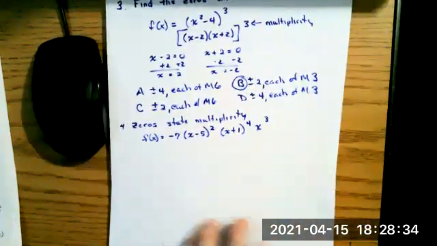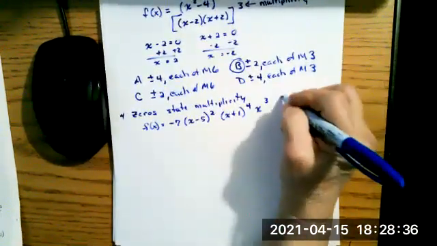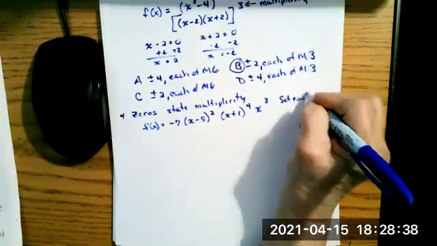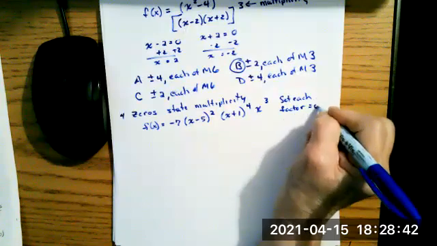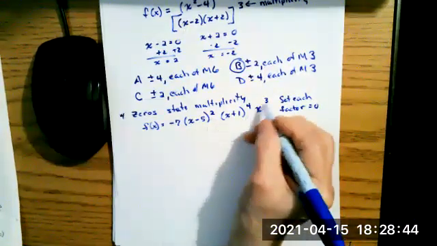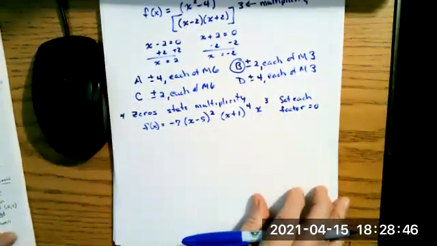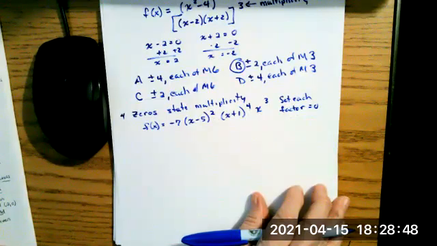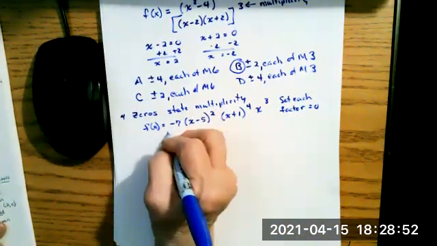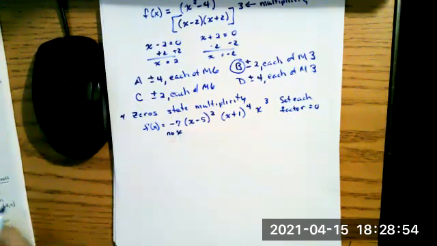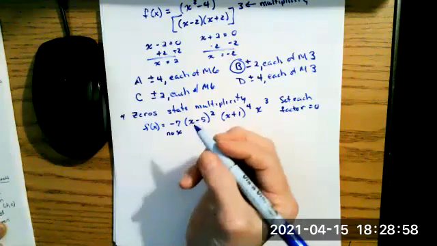So what we want to do on that is set each factor equal to 0, and realizing that these numbers on the outside are going to be our multiplicity numbers. We don't have to do anything with the negative 7 because there's no x on it.